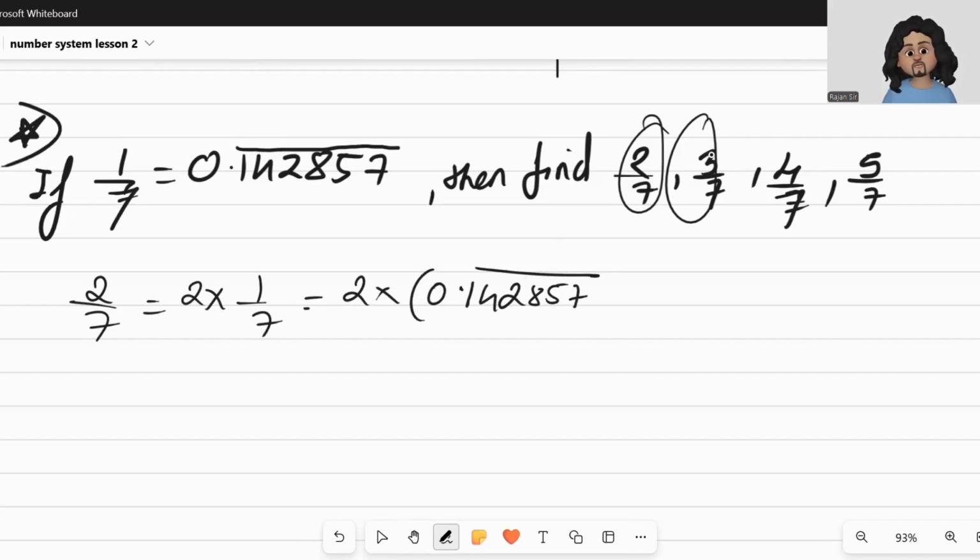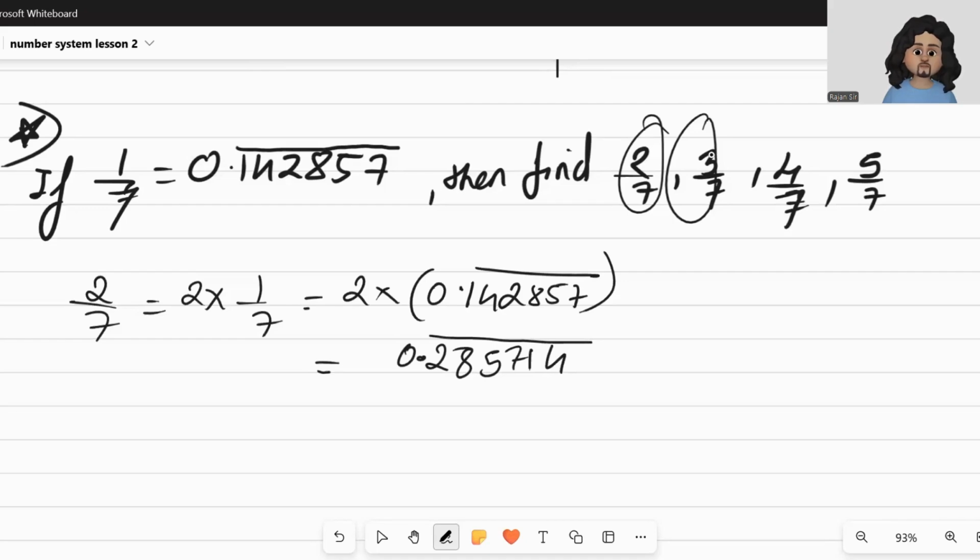All you have to do is multiply this bar. So 2 fours are 8, 2 sevens are 14, carry 1, 2 fives are 10, plus 1 is 11, 2 ones are 2, 2 twos are 4, and we have 8, 2. So this is the answer, and the whole bar remains the same.